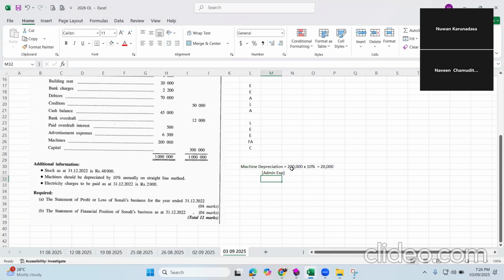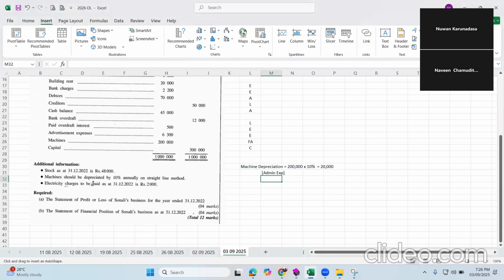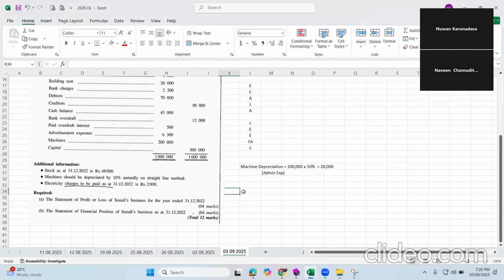Then electricity charge to be paid. To be paid means unpaid. That is a current liability. Accrued expenses to be paid as at 31st December 2022 is 2000. It's a current liability.